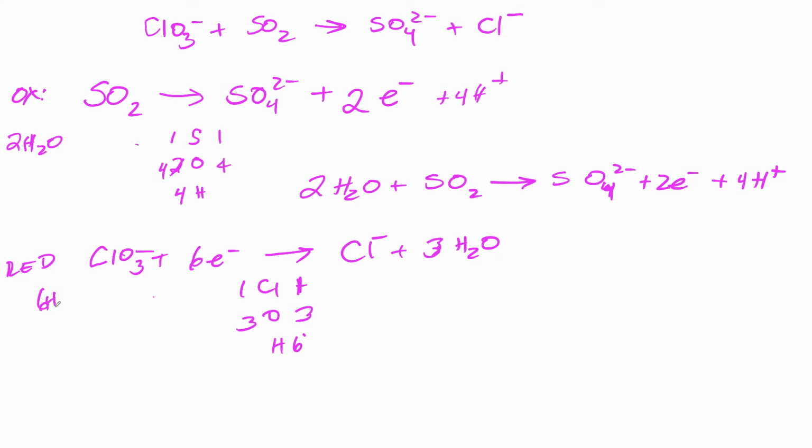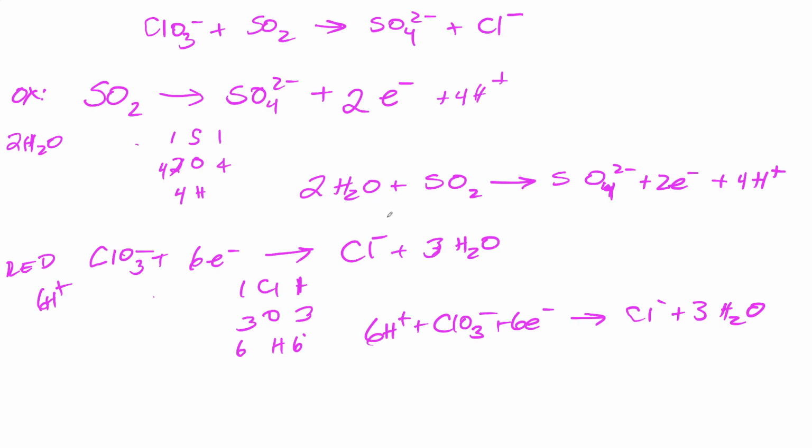So that's 6H plus to get all the elements balanced. To rewrite this, I get 6H plus ClO3 minus plus 6 electrons, and that's going to give me Cl minus plus 3 H2O.